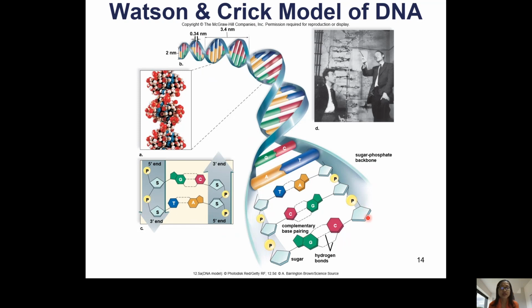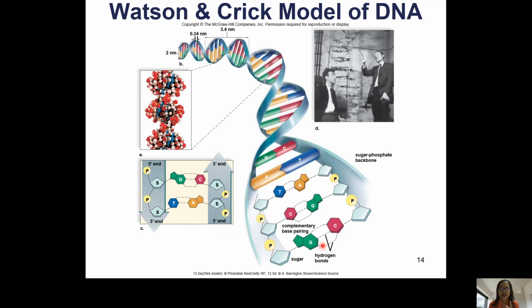You can see here there are two complementary nucleotides. Why do I call them complementary nucleotides? Because there are complementary bases here, like guanine and cytosine, and here thymine and adenine. The complementary bases are bound with hydrogen bonds.